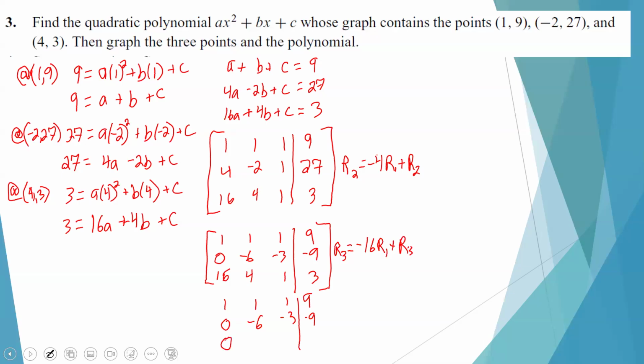So this becomes 0. 16, 4, that's going to be negative 12. And then that's going to be negative 15. And okay, 16 times 9, that's going to be negative 141. Beautiful. Look at that. Our first term is already set up. It's looking pretty good. Of course, we got to keep going. We're not done.